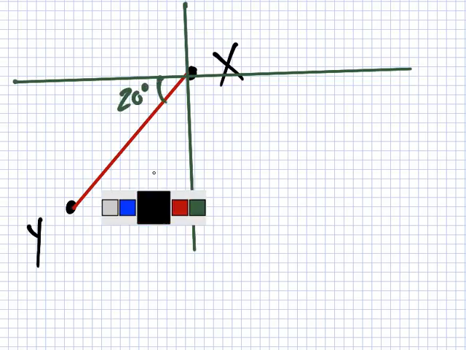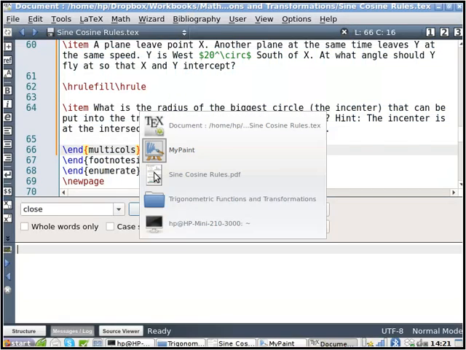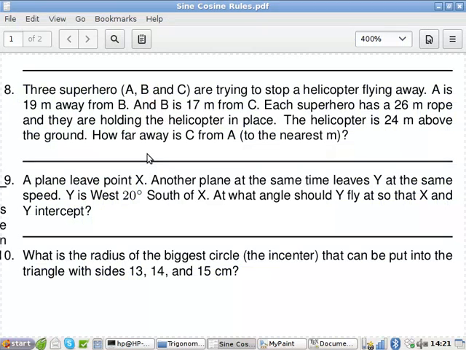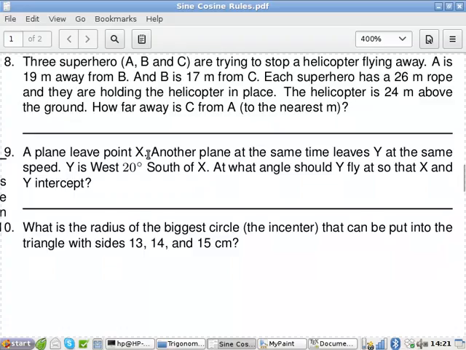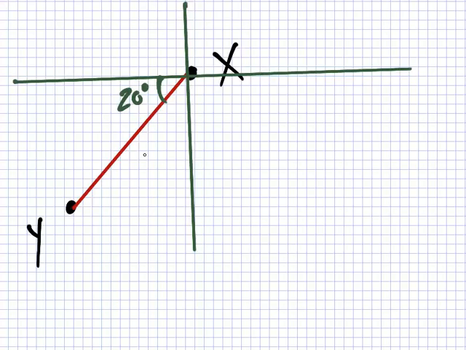Okay. So what did I tell you about X? Oh, I didn't actually say, I'm sorry, I left out where X is heading. So I'll tell you now, and now you can try it. X is heading east. So the plane that leaves X is heading to the east.